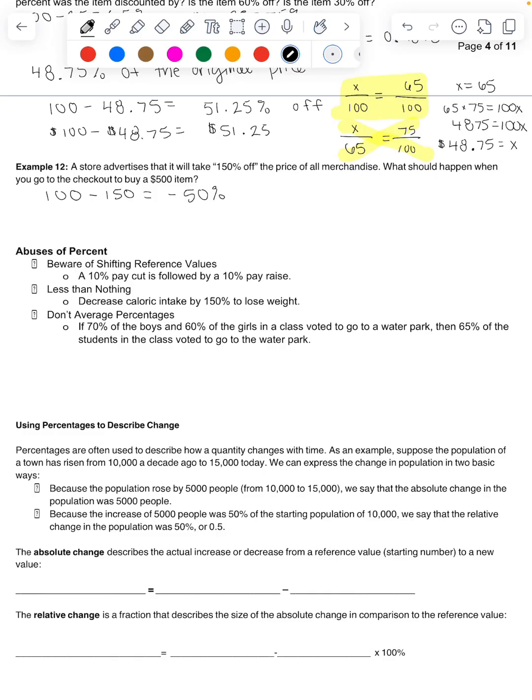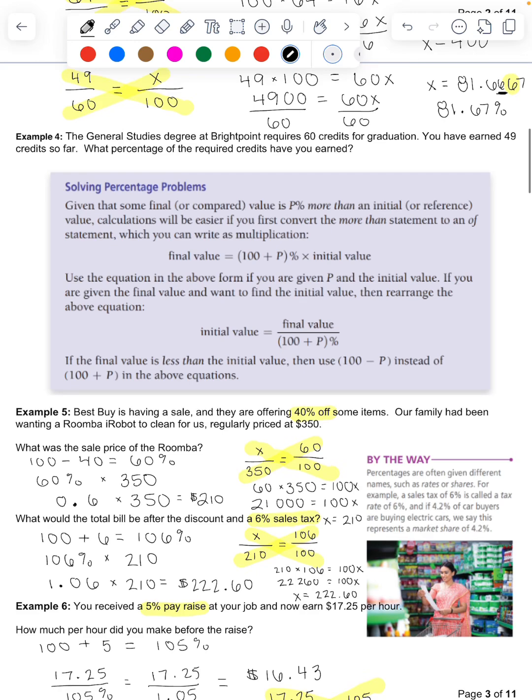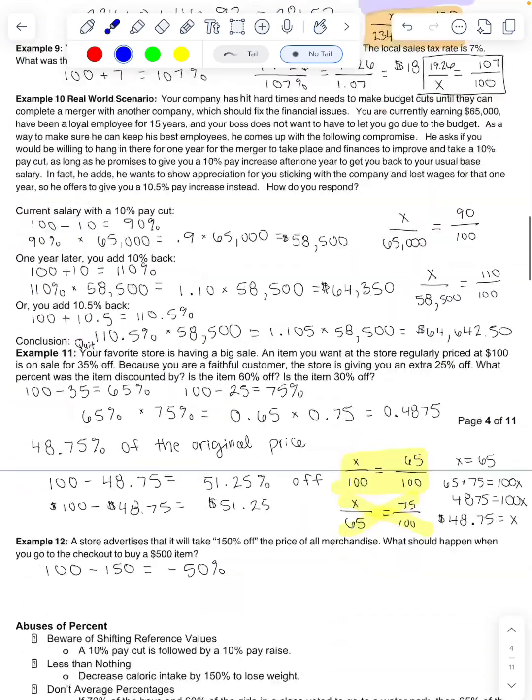So if I want to use one of these two, I want to find the final value. I'm given the initial value of 500. I did the 100 minus P because it was percent off.